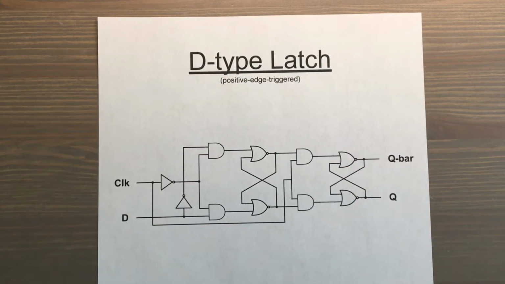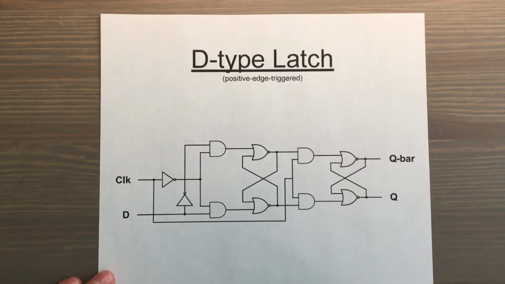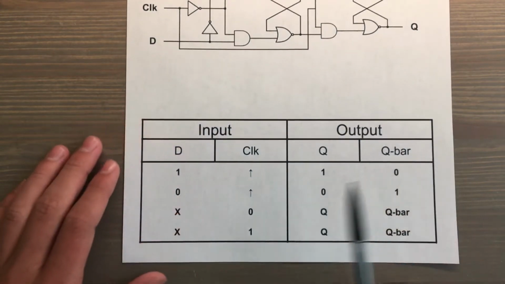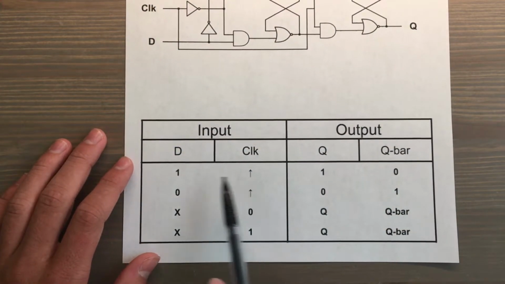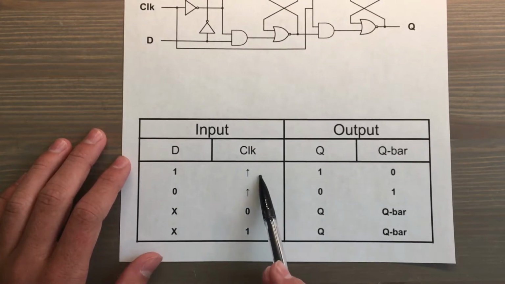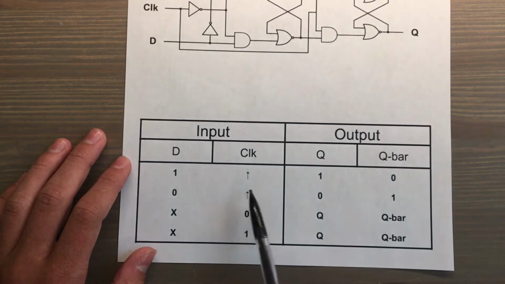And what this circuit does is our outputs can only change when the clock is changing. So if we see our table here, what this arrow signifies is the clock input going from 0 to 1.